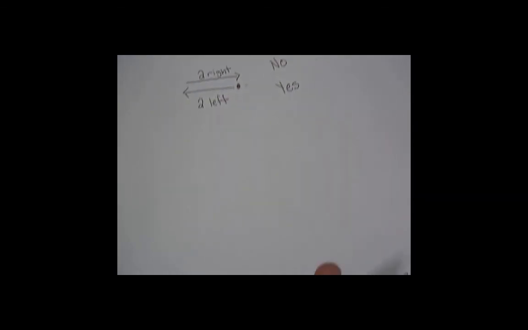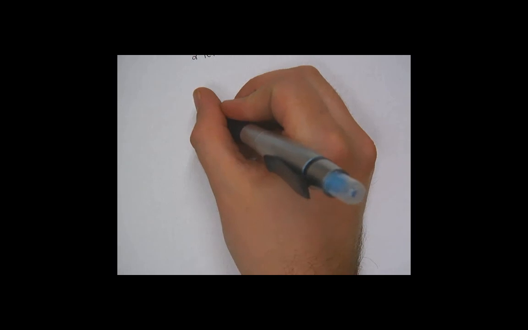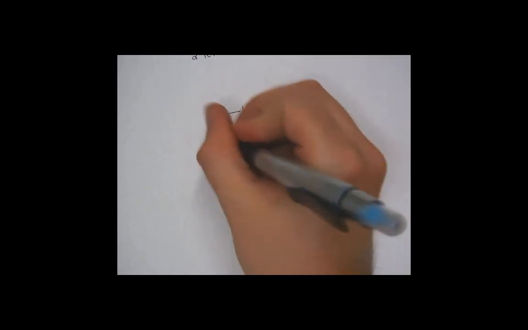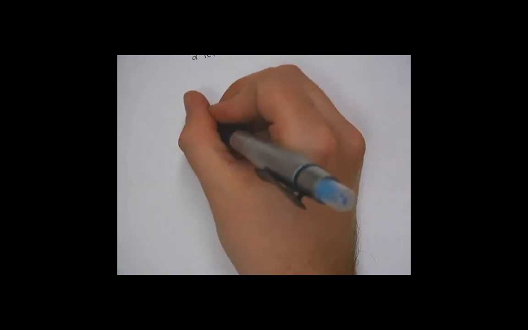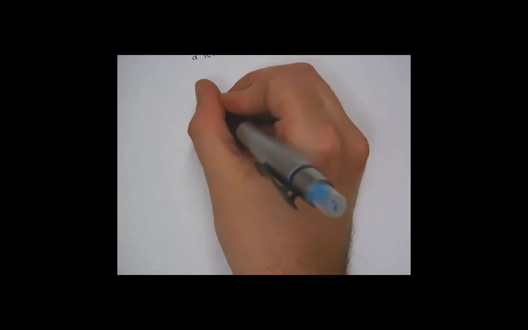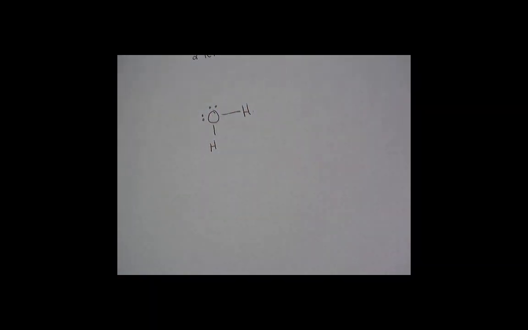So let's take a look at another molecule, in particular another one that's very important to you. Let's look at water. So my question to you becomes, is water polar?